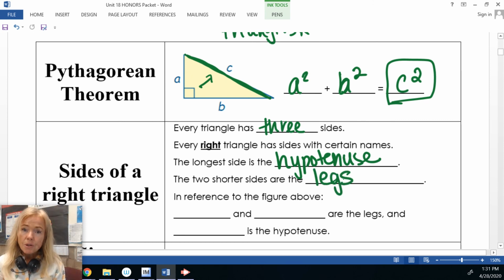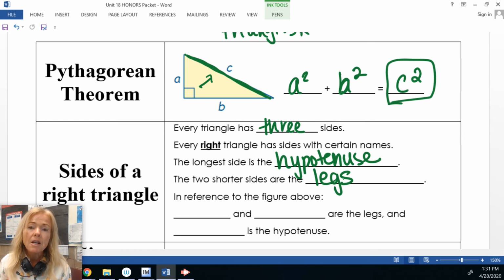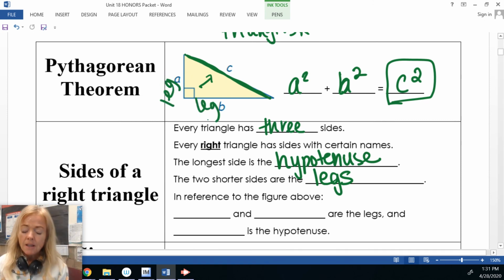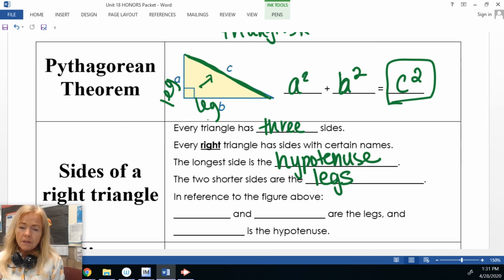If you're not sure just by the picture which one's the shorter side, note that the legs form the right angle. So here's a leg and here's a leg. They form the right angle. The legs are called legs because they form the right angle.